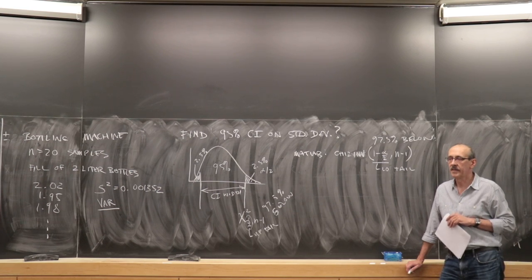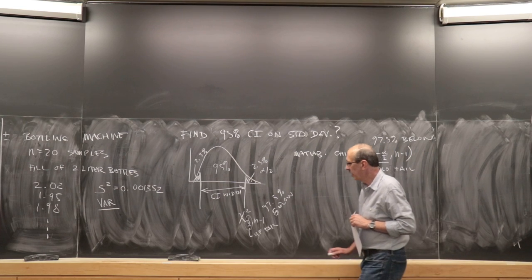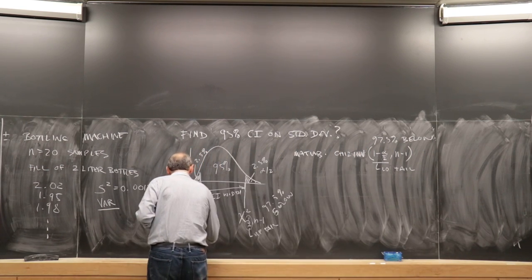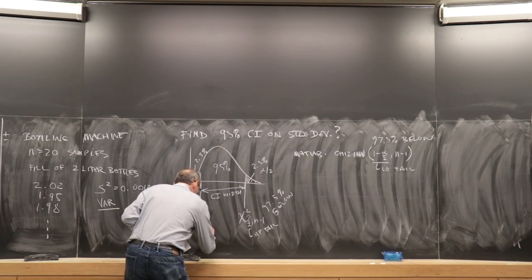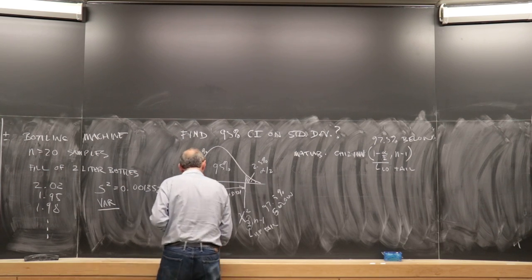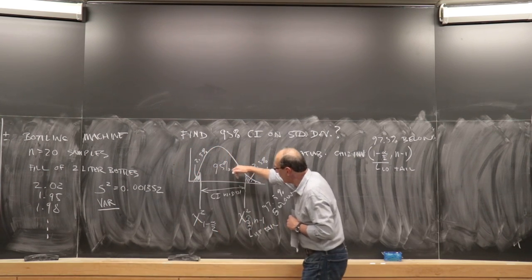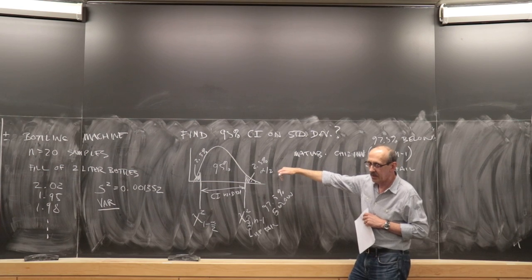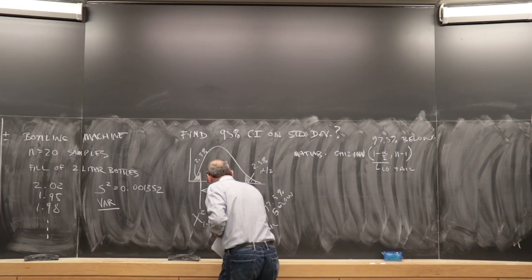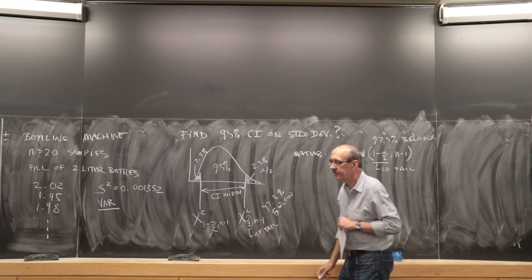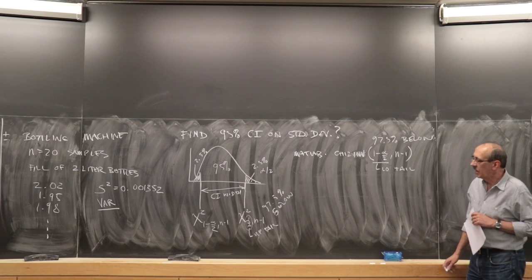Okay? Now I'll tell you why for two-sided confidence intervals you don't have to worry so much. So what's this one going to be then? It's going to be chi-squared 1 minus alpha over 2, because it's going to want to have 97.5 in the upper tail. And then it's going to be n minus 1, of course, as well. Okay?